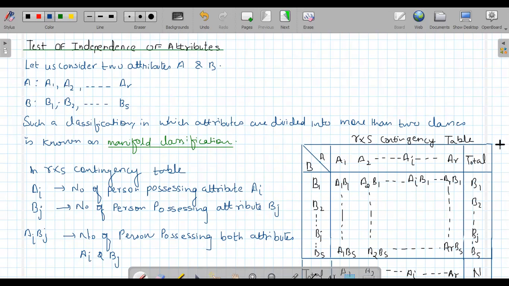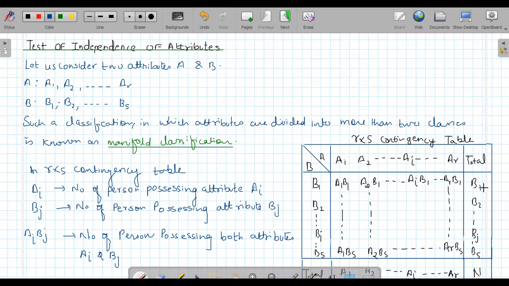Here we construct an R cross S contingency table. Here A1, A2, AI, AR are the categories of attribute A, and here are the categories of attribute B. A1B1 denotes the number of persons having these two characteristics, A1 and B1.